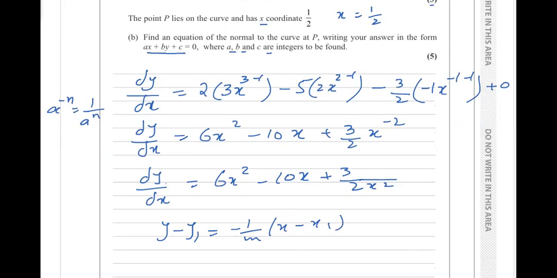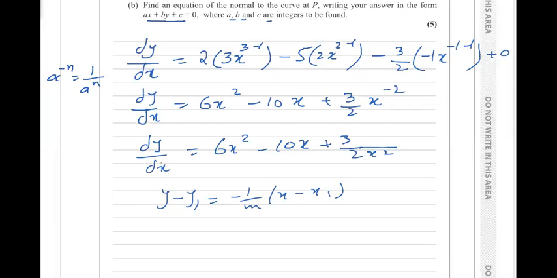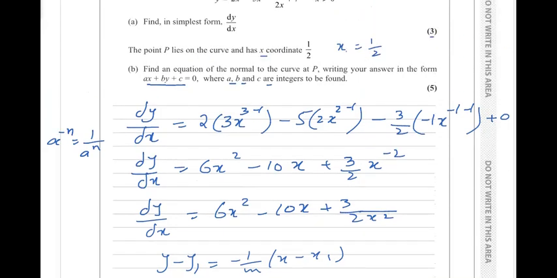To take the gradient of the curve, instead of putting the derivative equal to 0, in the derivative I will put the point, and that will give me the gradient at that point. So first, let's find the y point also. The x coordinate is given, I can say this is my x1.